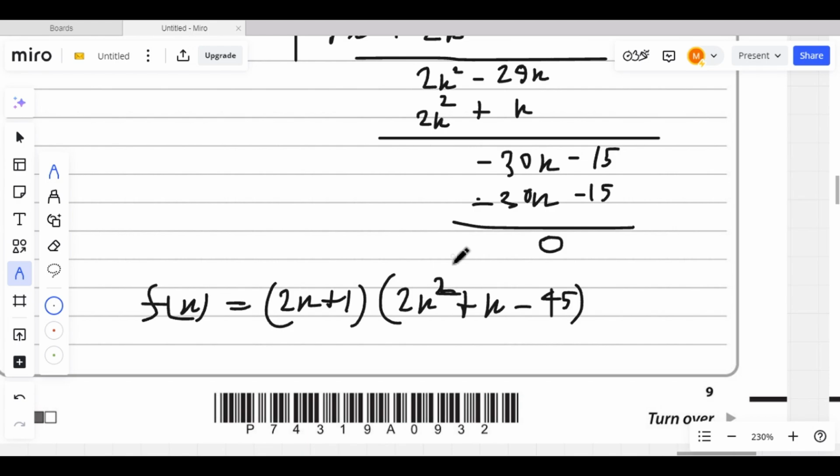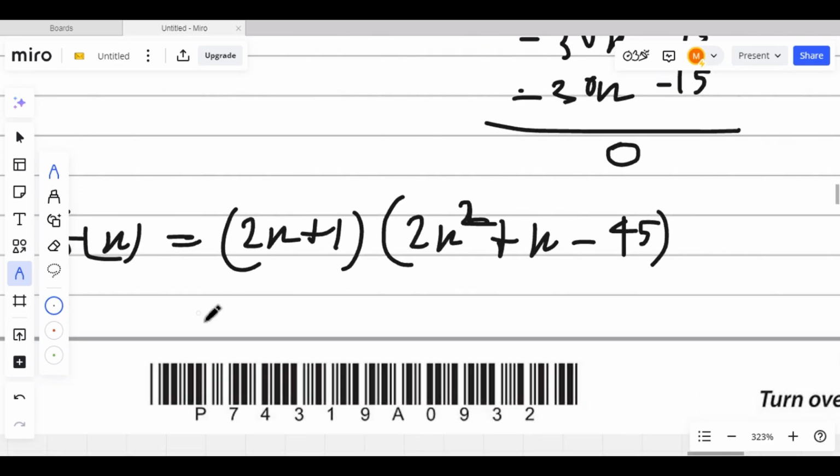Okay, now we can factorize this quadratic factor. 2 times 45, this is 90. So 10 times 9, this is 90. That's how you can factorize it.